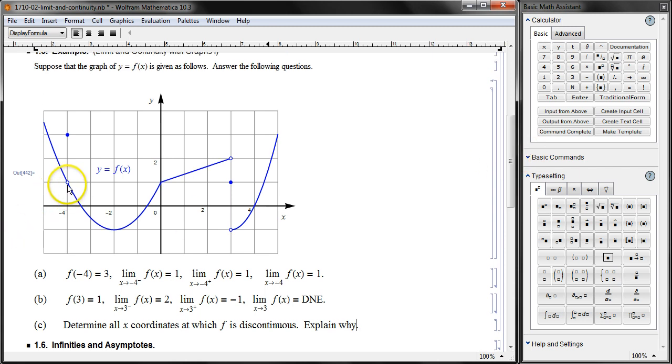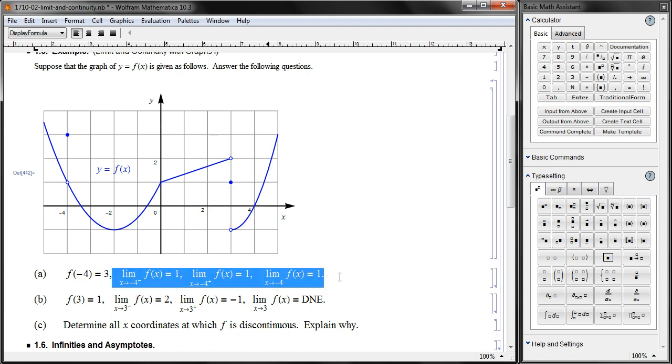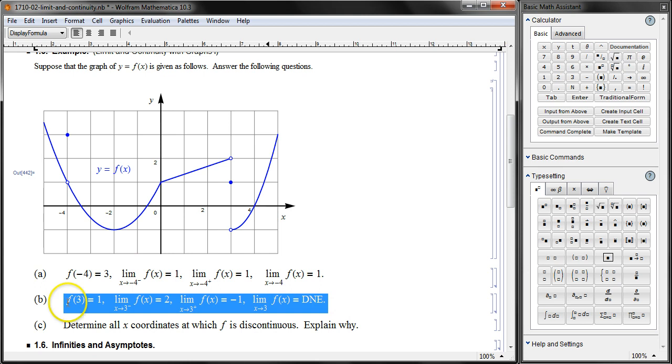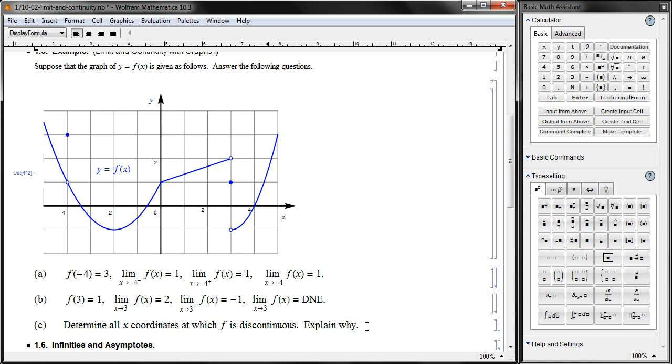Well, x equal to -4, there's one. x equals 3, there's another. That's because the function value and all those limits are not all the same. Here, three of them are the same, but the first one is different. Here, they are all different, and the last one doesn't even exist. And all other points, they're all okay.